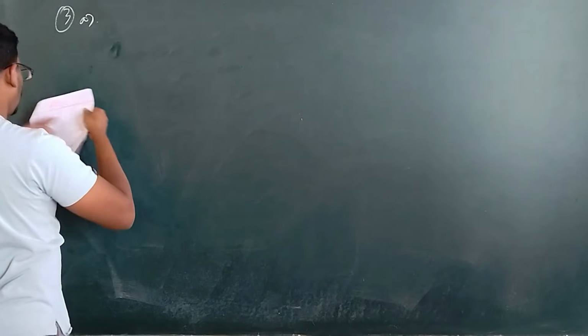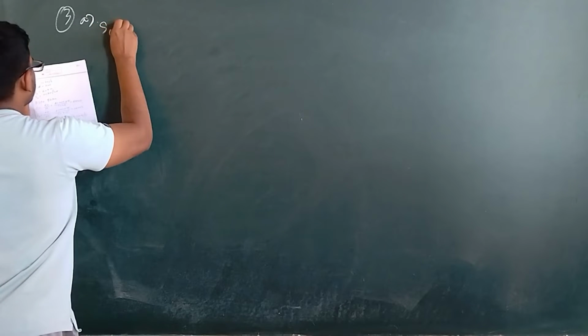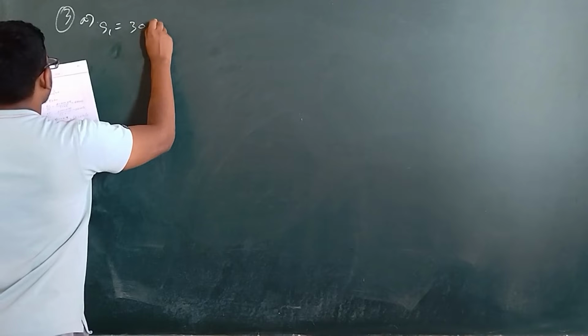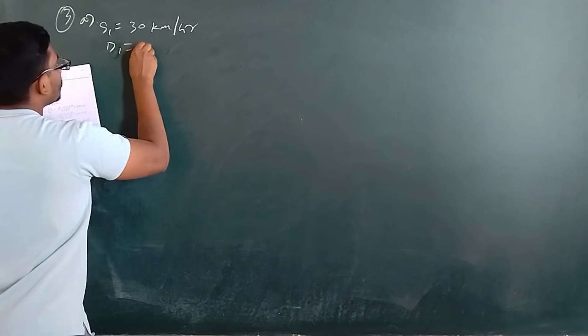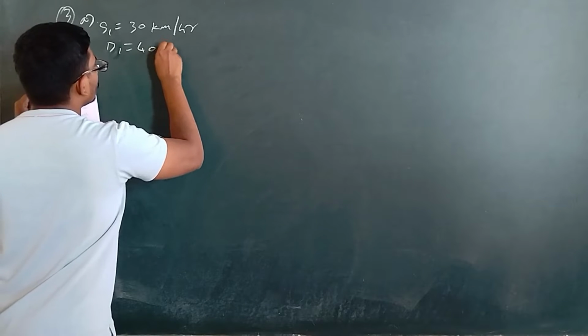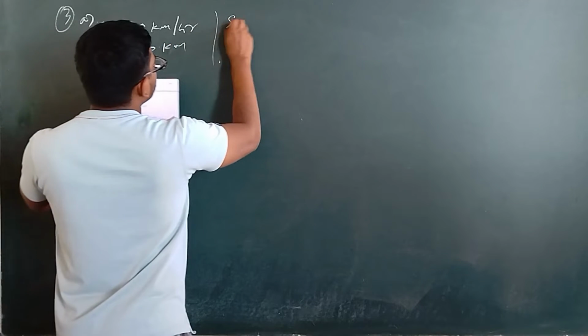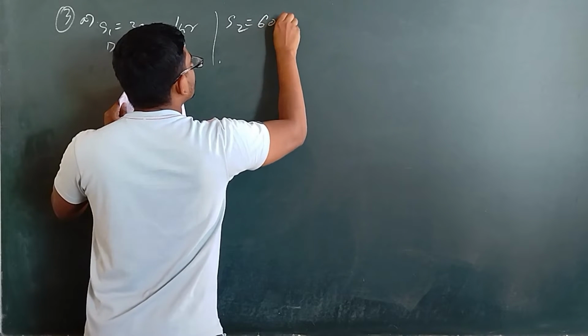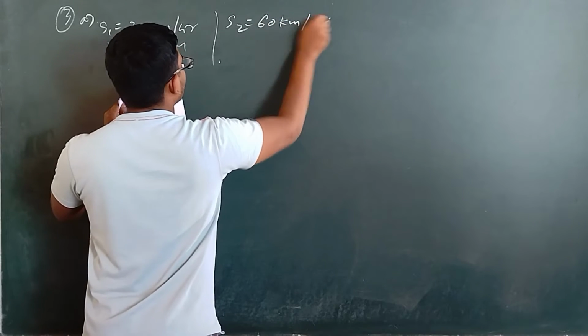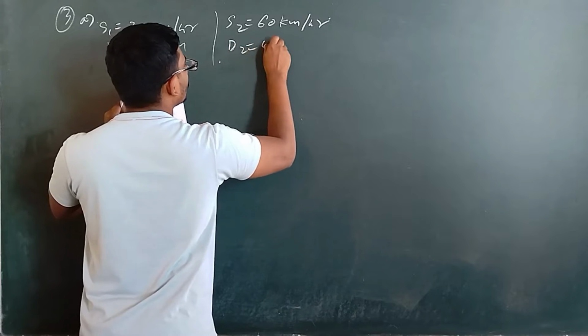So A is speed 1, 30 kilometers per hour, and distance traveled during that duration is 40 kilometers. In the second part it is 60 kilometers per hour, and the distance traveled there is 40 kilometers.